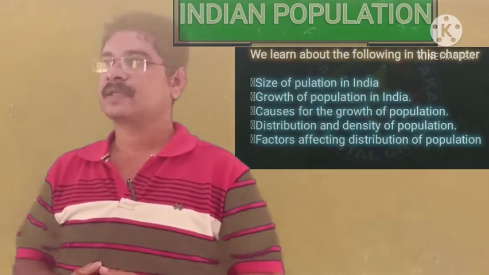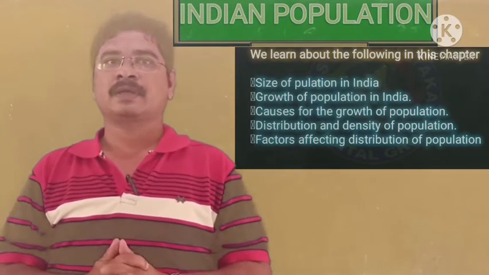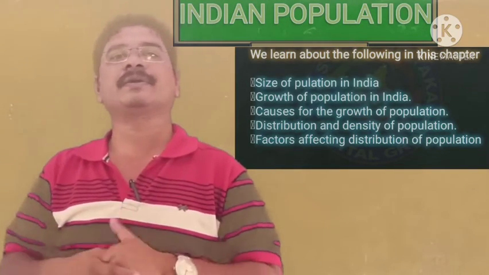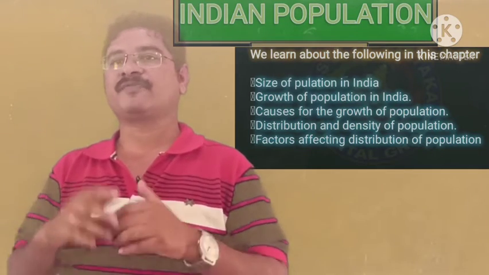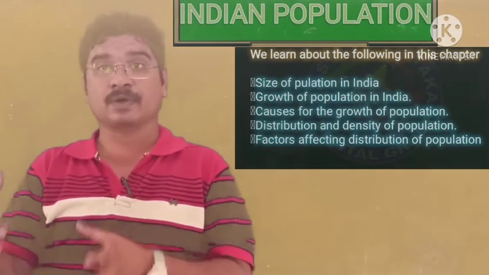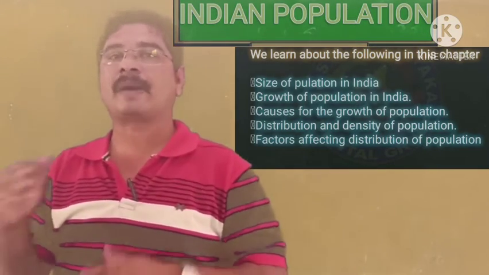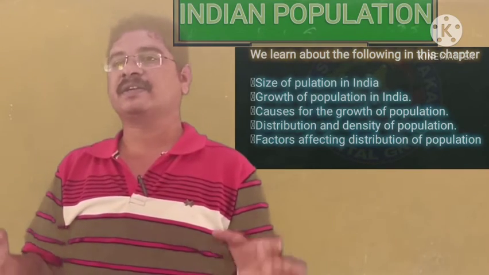They are size of population in India. Then the second important point is growth of population in India. The third, causes of the growth of the population. Then distribution and the density of population. Then factors affecting distribution of population. These are the important factors.